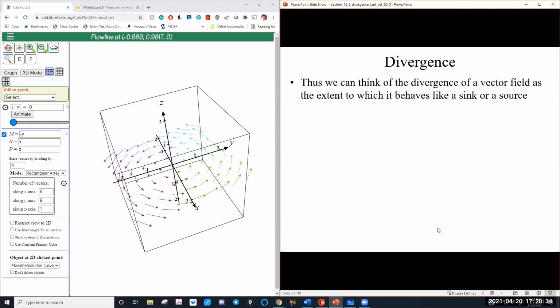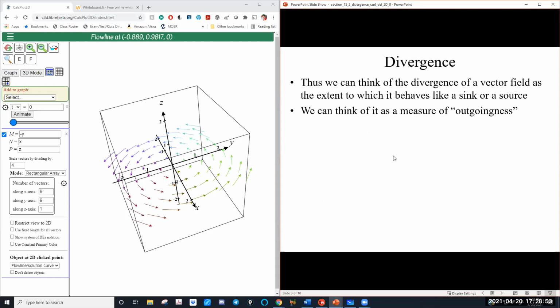So when we're looking at divergence, it's the extent to which it behaves like a source or a sink. Positive would be a source, negative would be a sink as far as calculating divergence. And it's a measure of outgoingness.